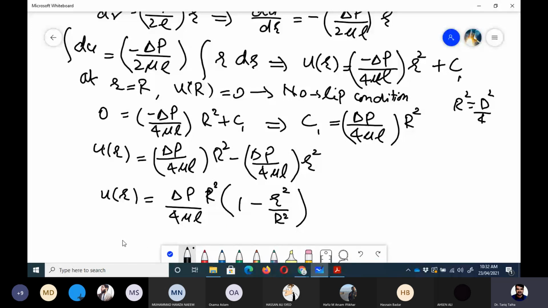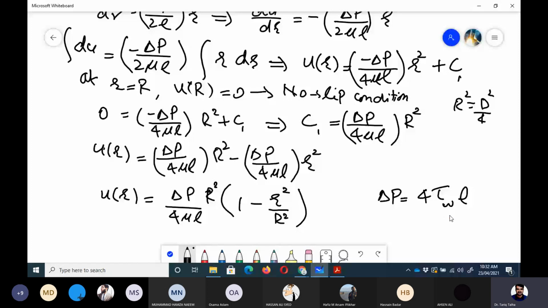Now we can also put, because we know the relation of delta p with the wall shear stress, as we discussed in the last class. That relation we derived in the last class was delta p equal to 4 tau omega L divided by d.